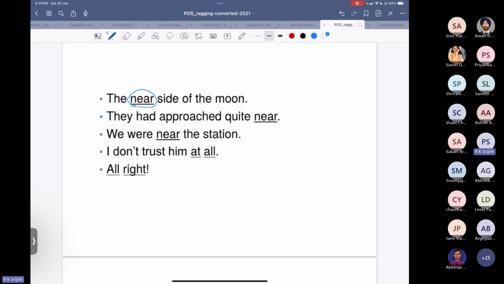How about here? They had approached quite near.